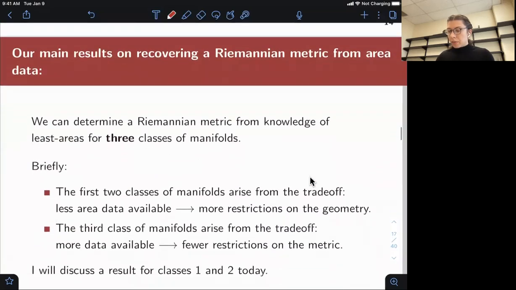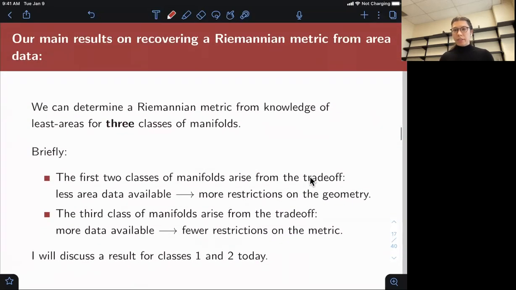All right, so what is the result of ours that they built upon? It's the following: we can recover a Riemannian metric from knowledge of the least areas of minimal surfaces for 3 classes of manifolds. Very briefly, the first 2 classes that I'm going to introduce arise from the following trade-off of information.